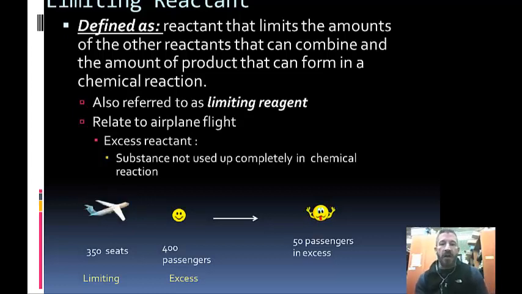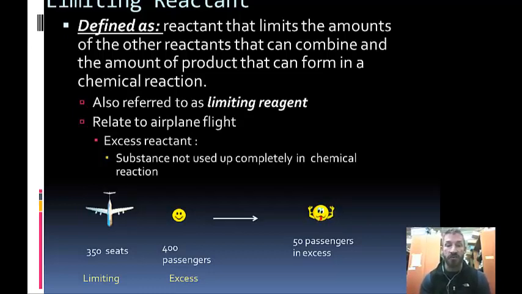Related to airplane flight: excess reactant is a substance not completely used up in a chemical reaction. Let's say we have a plane with 350 seats, and there are 400 passengers. That's too many, so that would be the excess.